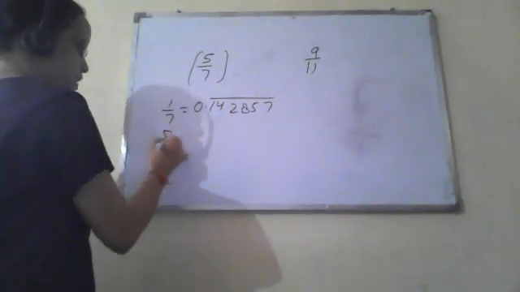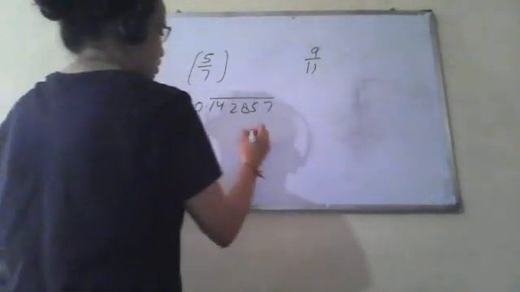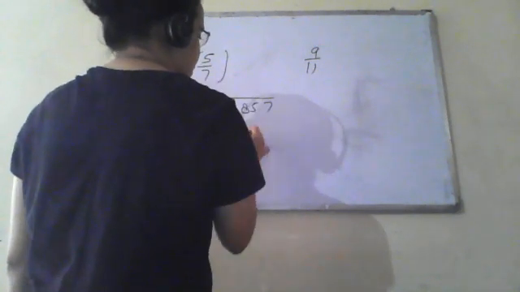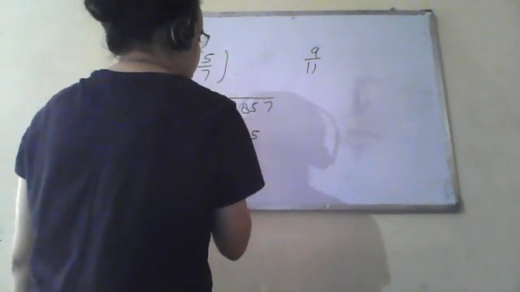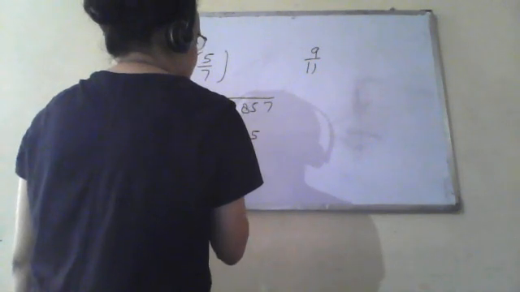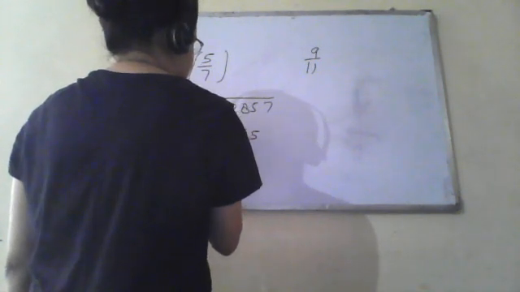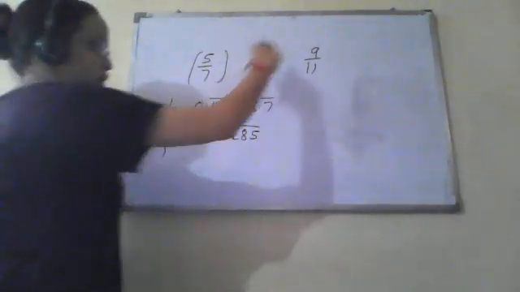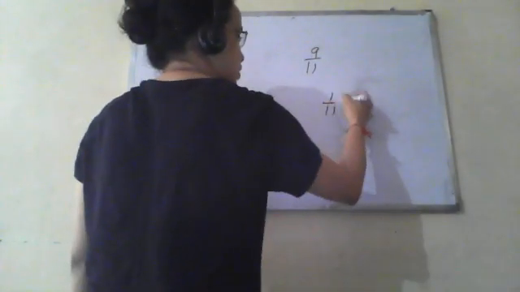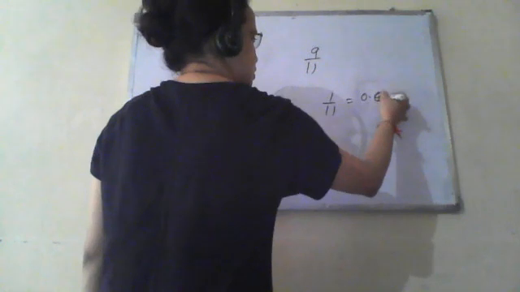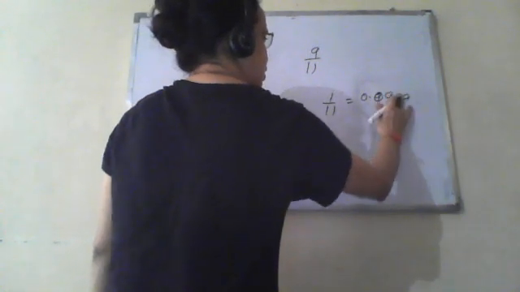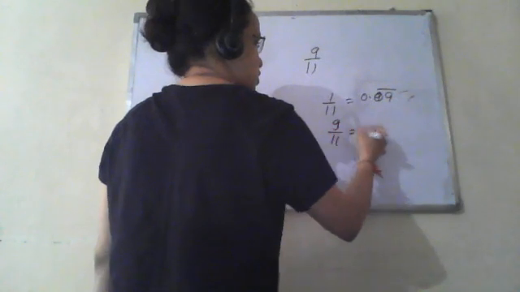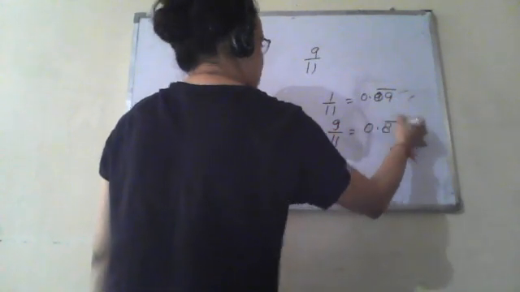So 5 upon 7 will be 0.714285 repeating. And 1 upon 11 was 0.09 bar, so 9 upon 11 would be 0.81 bar.